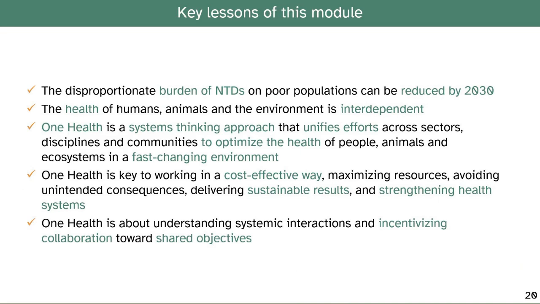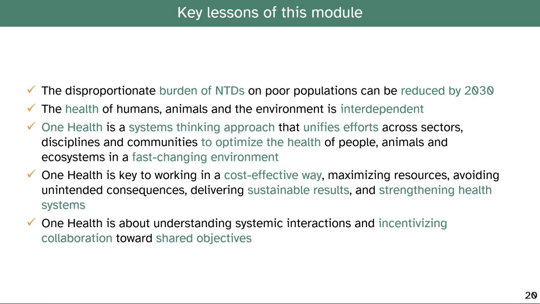In this module, you learned that the disproportionate burden of NTDs on poor populations can be reduced by 2030. The health of humans, animals, and the environment is interdependent. One Health is a systems thinking approach that unifies efforts across sectors, disciplines, and communities to optimize the health of people, animals, and ecosystems in a fast-changing environment.